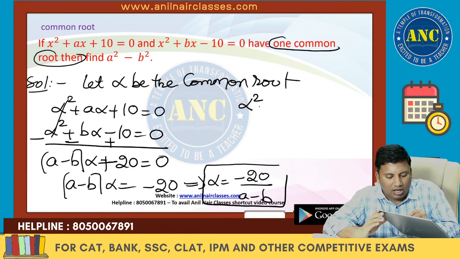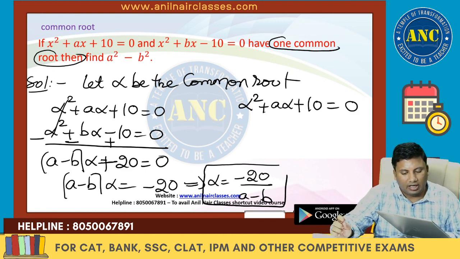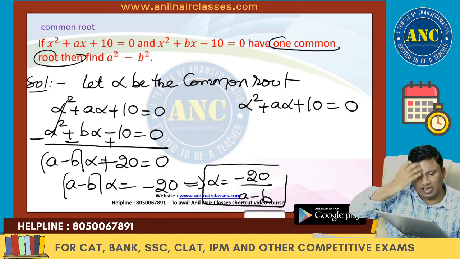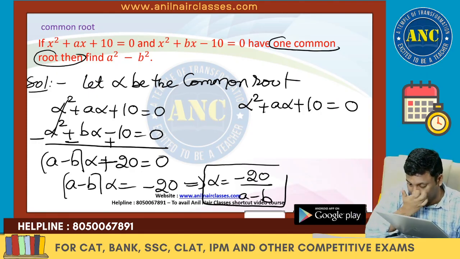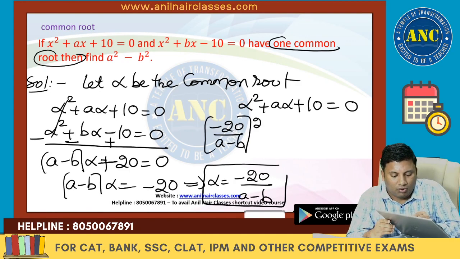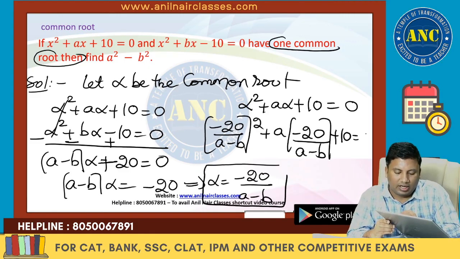Equation is alpha square plus A alpha plus 10 equivalent to 0. So, wherever alpha is, minus 20 by A minus B whole square plus A into minus 20 by A minus B plus 10 equivalent to 0.